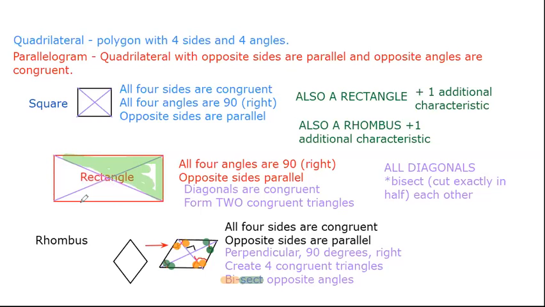So if you did that the opposite way, and you looked at the other diagonal, this triangle would be congruent to this triangle.